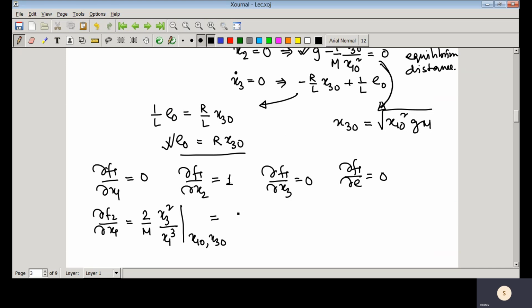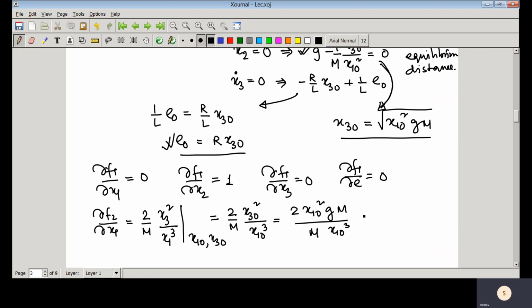If you replace it here, you get 2 by m times x30 square divided by x10 cube. Here x30 square is x10 square gm, so that is 2 x10 square gm by m x10 cube.